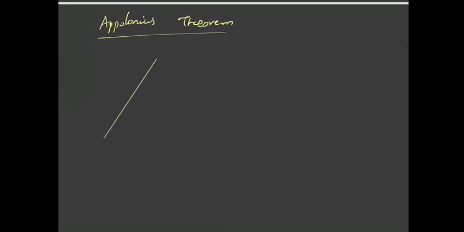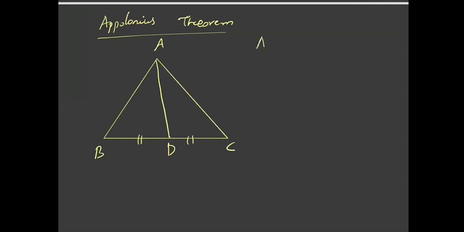So what is the use of Apollonius theorem is that if you are given all the 3 sides of triangle ABC, so you are given all the 3 side lengths, that is AB, BC and AC, and if I ask you to find out this length AD, where AD is the median, then Apollonius theorem comes to our help. So the formula is AB square plus AC square is twice of AD square plus BD square.